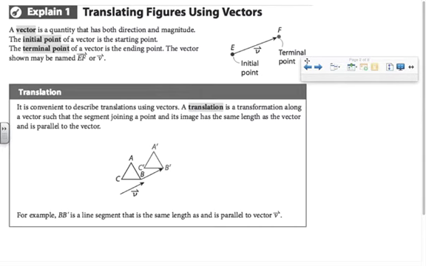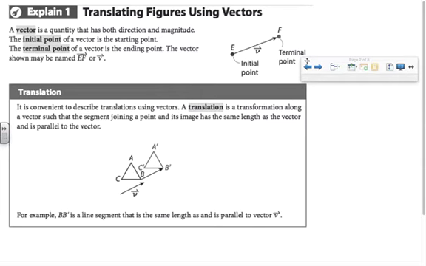And when you're looking at this vector V on the screen, you see that it has an initial point, E, that's the starting point, and a terminal point, F, that's where the arrow ends. I would understand if it might be confusing to look at this and see a vector as opposed to a ray.